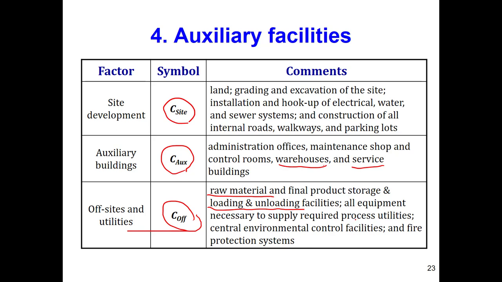We need to produce our electricity on the site. And central environmental control facilities. If you are producing some wastewater, we need to have wastewater treatment, and sometimes we need to control the quality of the wastewater that we are producing. And also the fire protection system, which is very important these days for the security of the personnel and all the people who are working on the site.